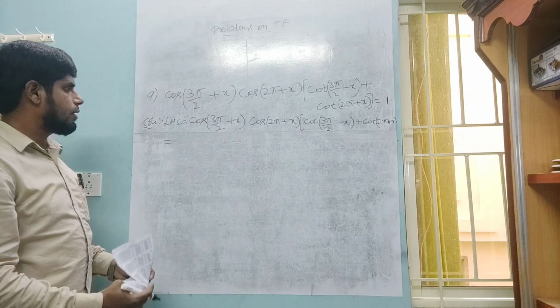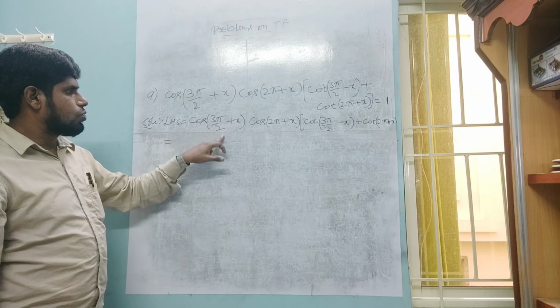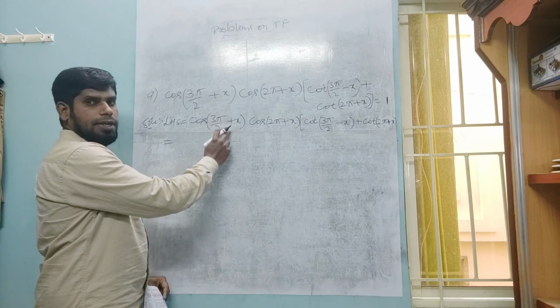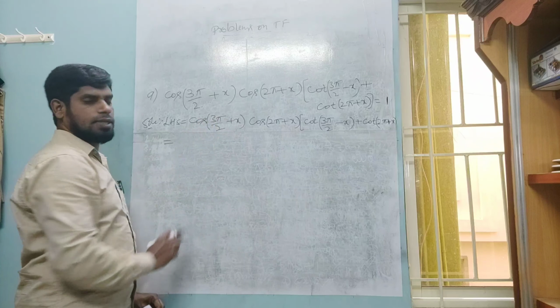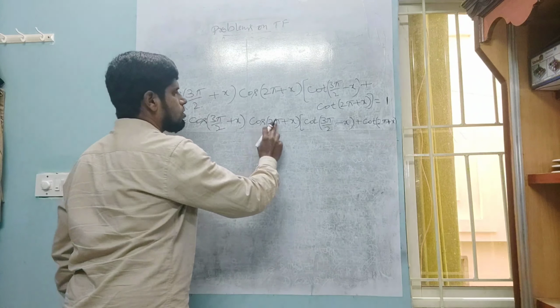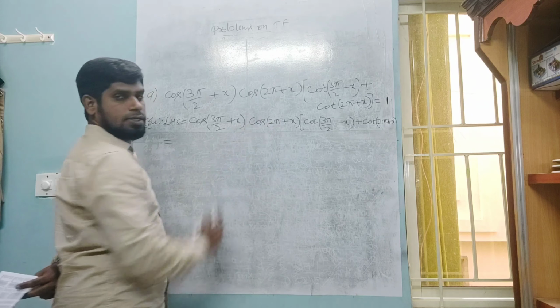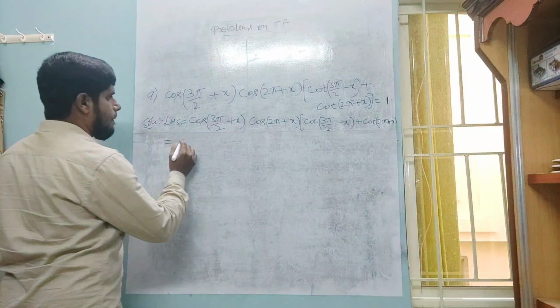Now student, cos(3π/2 + x): π by 2 is 90, 90 into 3 is 270, so cos(270 + x), and here cos(2π + x), π is 180, 180 into 2 is 360, plus x. So what happened here?